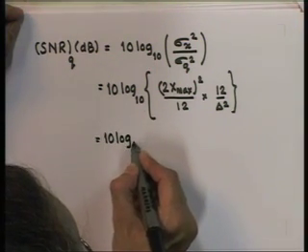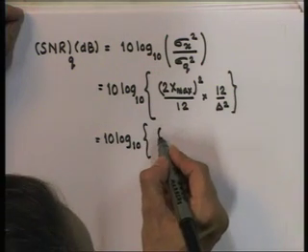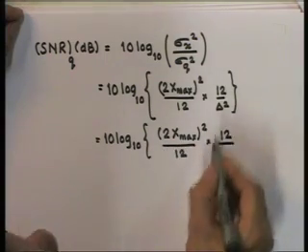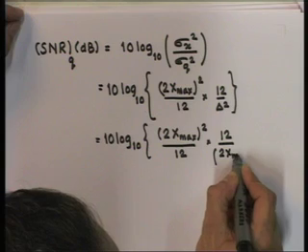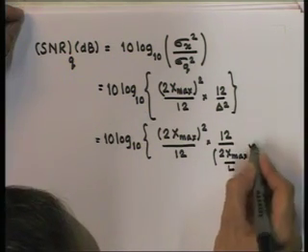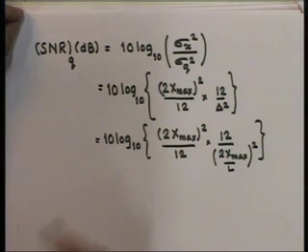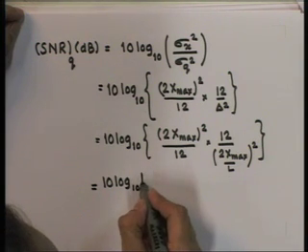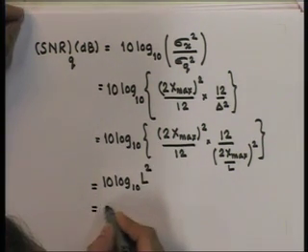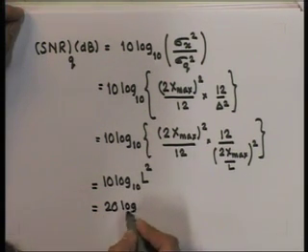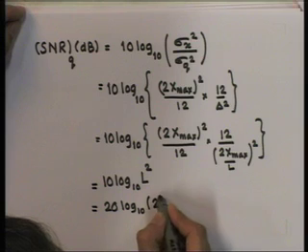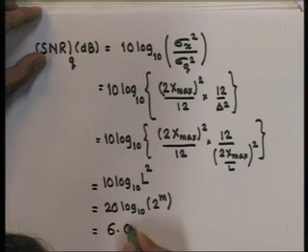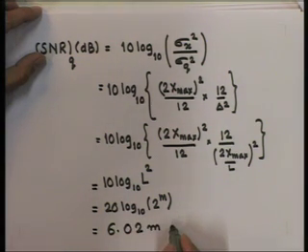This can be rewritten as delta is equal to twice x max upon L. So, this can be simplified and further simplified, which is equal to 6.02 m dB.